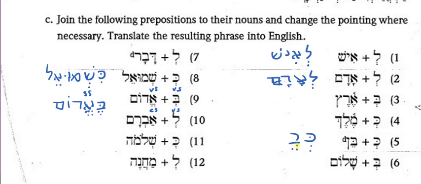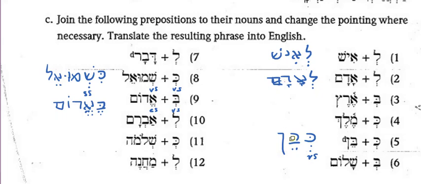Ke bane. This bet has a dagesh lene in it. It's a Begad Kafat letter. One of the things that we're going to find out, and this will become clear in chapter 4 or 5, I think it's 5 that we're going to really focus on this, is that anytime a Begad Kafat letter is preceded by vocal noise, whether it's a vocal shiva, compound shiva, or a vowel, dagesh lenes will lose, Begad Kafat letters will lose their dagesh.